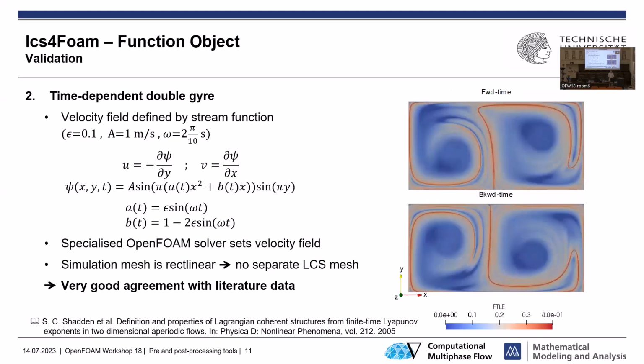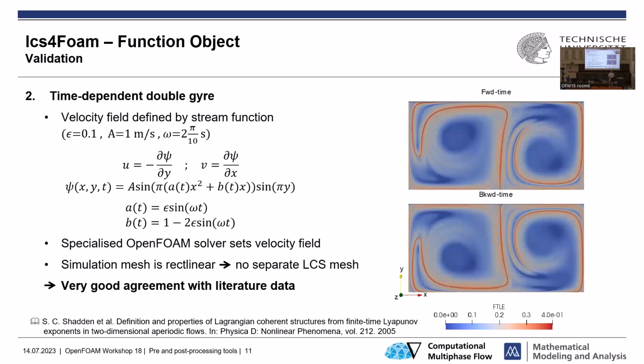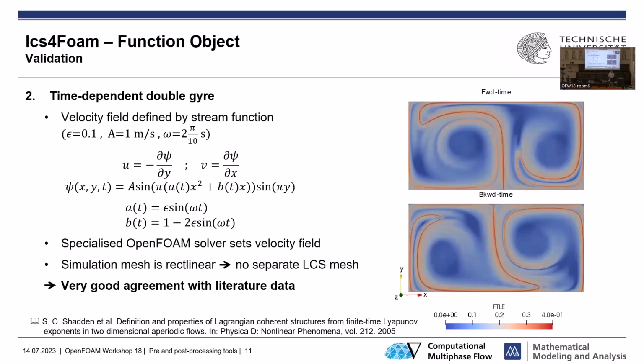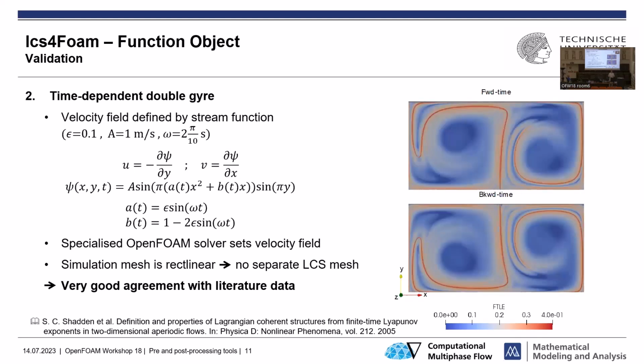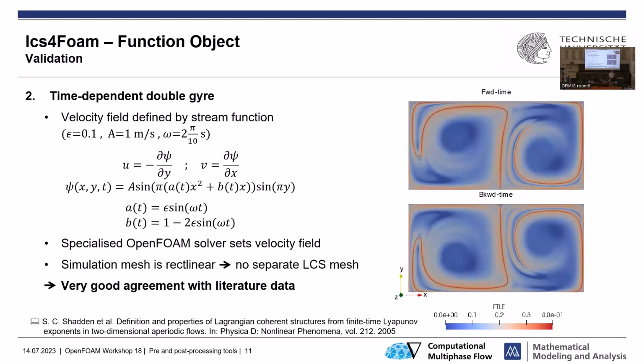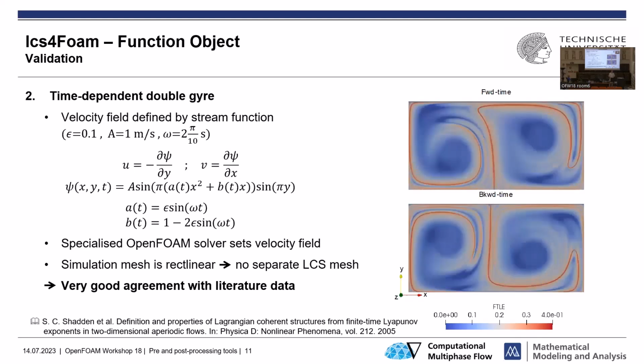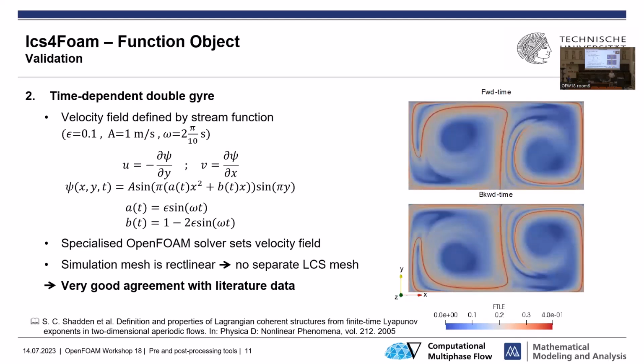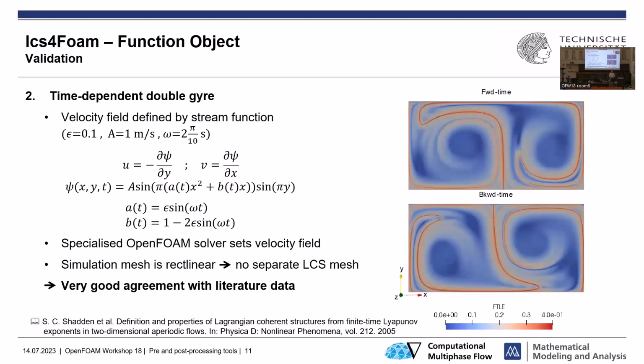As you can see here, these double gyres are rotating in the same direction, and they are oscillating along the x-axis. And we also have very good agreement with the data, and you see those coherent structures around the eddies of the gyres form.